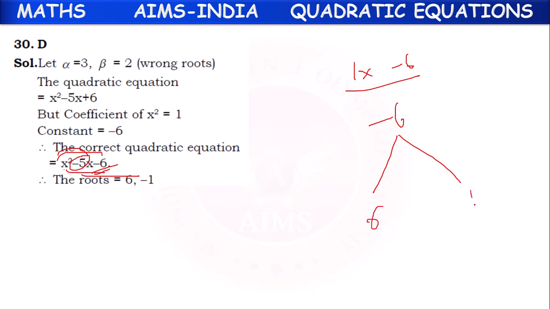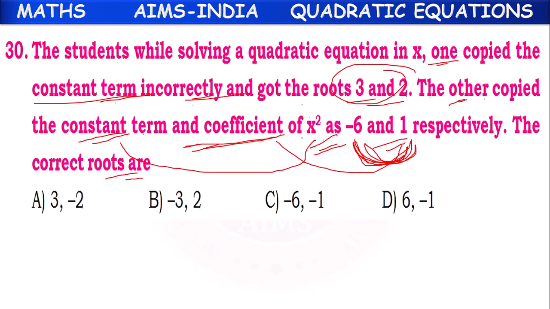We can take 6 and 1, that is 6, but in the middle minus 5 is there. We can take minus 6 plus 1.